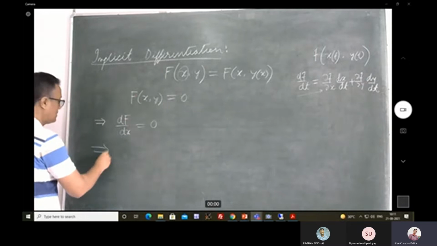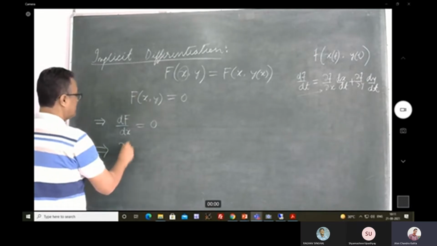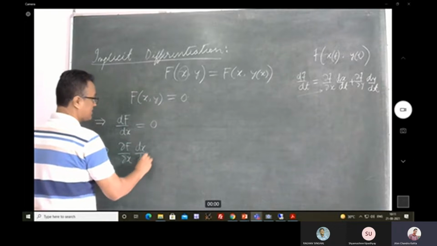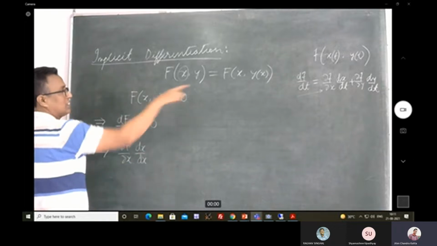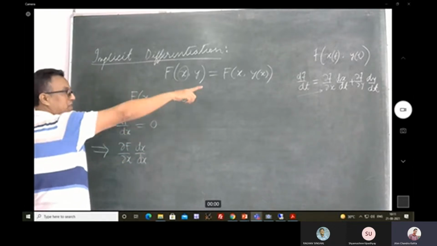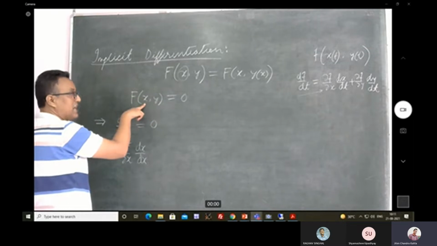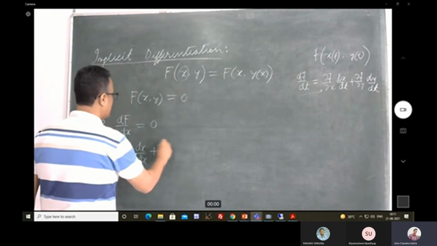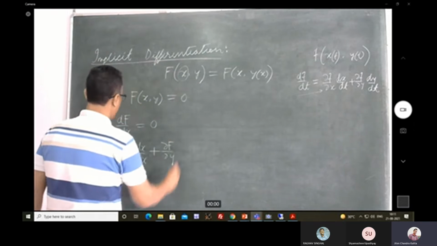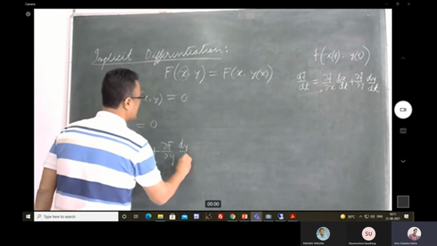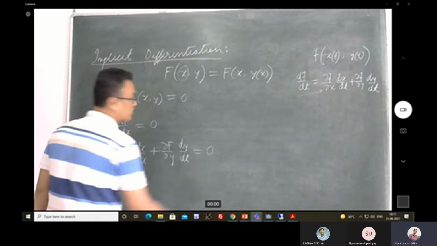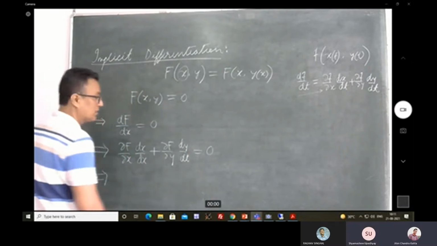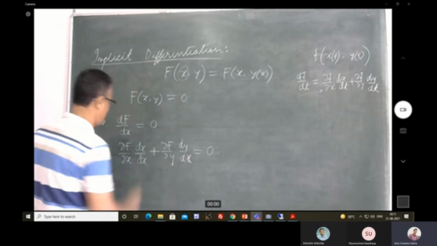So this implies del f del x dx/dx, where the role of the variable t is taken by the variable x, because y itself is again a function of x, plus del f del y dy/dx equals 0.